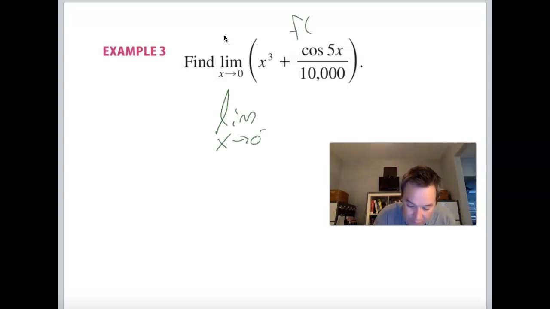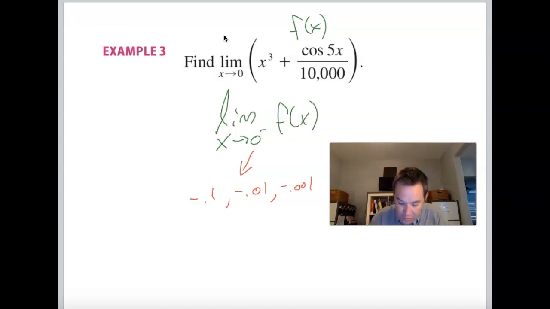So if I call this f of x, I want to look at what's going on with f of x to the left of 0, with numbers like negative 0.1, negative 0.01, negative 0.001. And then also make sure you approach 0 from the right. So again, numbers close to 0 that are to the right are positive, 0.01, 0.001, and so on.